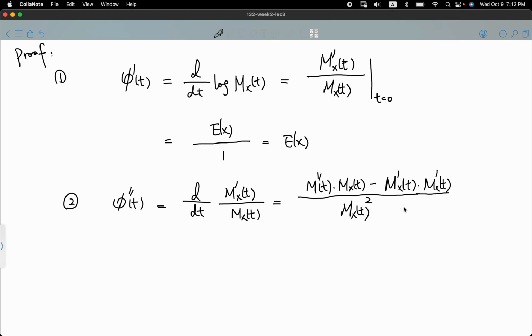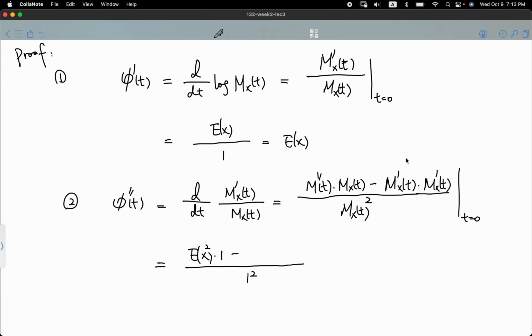Now when you evaluate at t equal to 0, for the denominator you have a 1 raised to the power of 2, which is also a 1. For the numerator, you have a second order derivative of the moment function, which is the second moment. For this one here, this is just the moment function, and evaluating at t equal to 0 you get a 1.